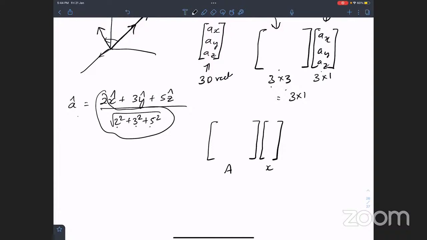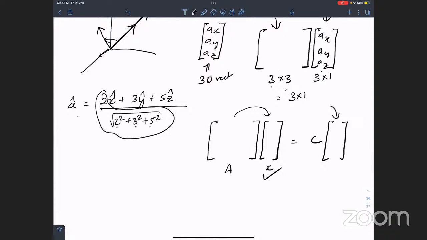You multiply A into x, and you're going to get x multiplied by some scalar factor. So given any transformation matrix, I can find some particular vector that, if I apply this transformation, will give me the vector in the same direction, just with its length scaled. These special vectors are called eigenvectors.